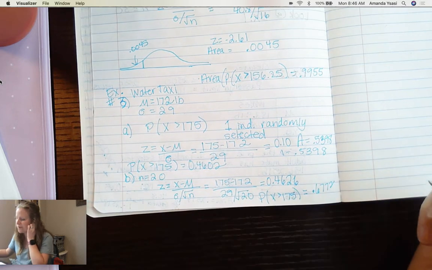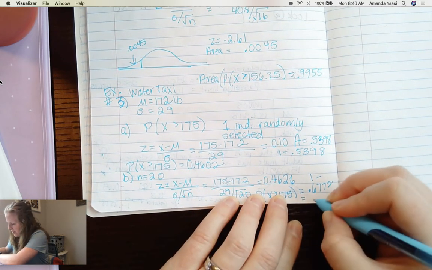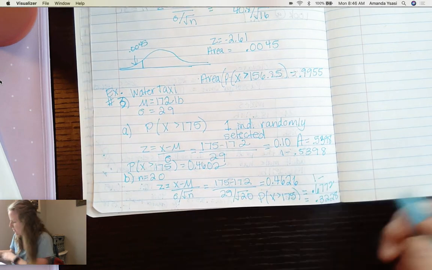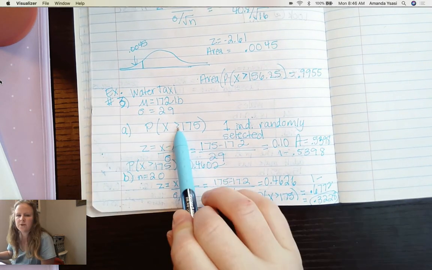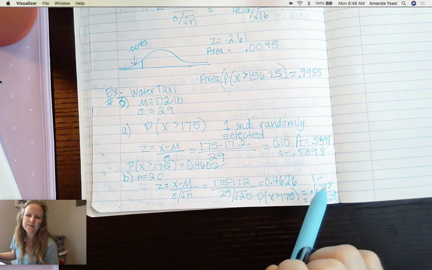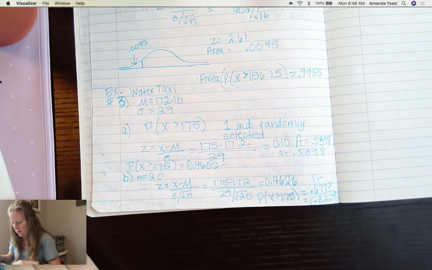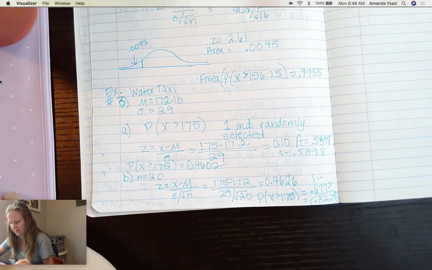Oh, but we're talking about greater than, so we actually have to do 1 minus that. So it actually equals 0.3228. So this is the actual probability, because we're talking about greater than. If we were talking about less than, then it'd be the exact 0.6772. Okay, these types of calculations are used by engineers when designing ski lifts, elevators, escalators, and airplanes.